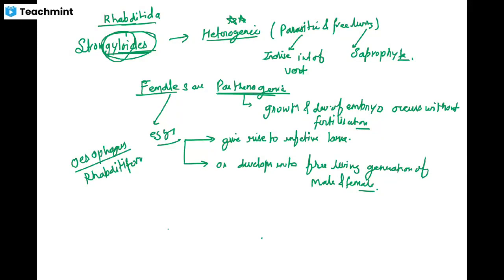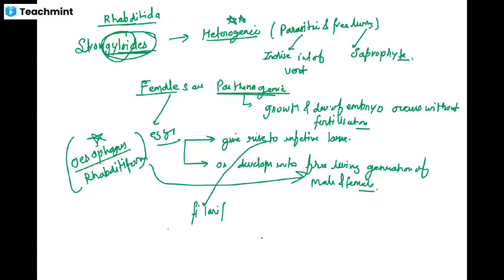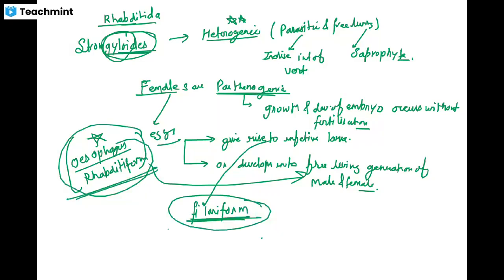In the case of the free living form, the esophagus is rhabditiform, and in the case of the infective larva, the esophagus is filariform. These two points are very, very important.